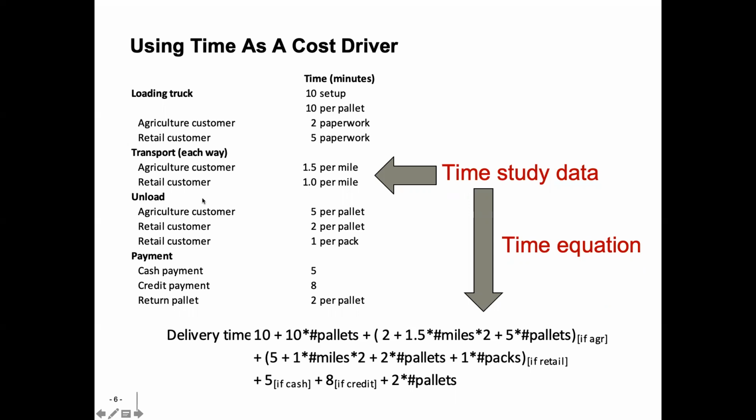So there are some of these activities that we can see are different in terms of the time requirement for customers, agriculture versus retail. So we try distinguishing it with respect to loading the truck, transporting it each way, unloading it, and payment. So those are things that we will now have information about.